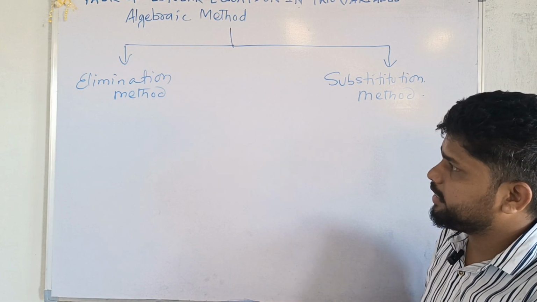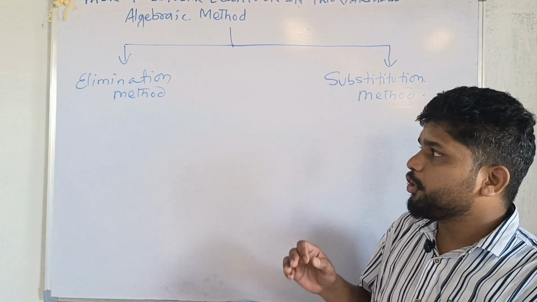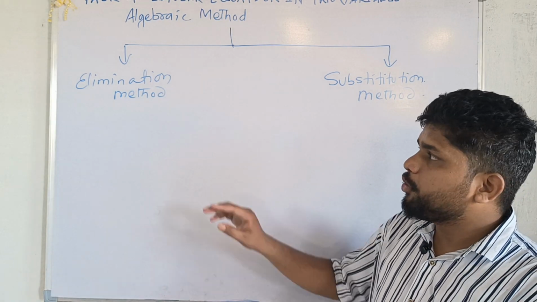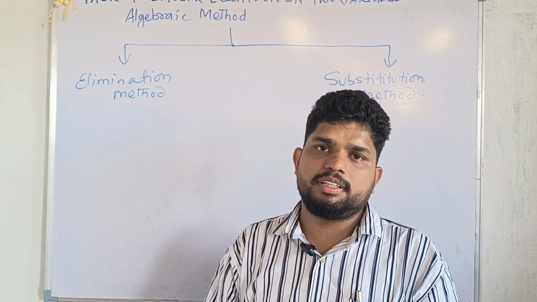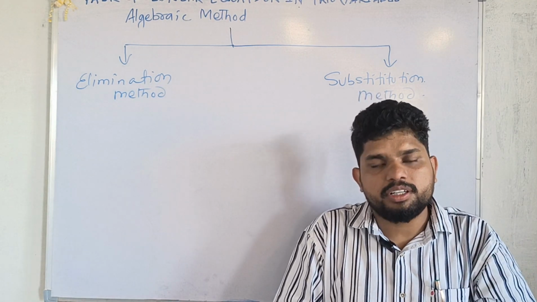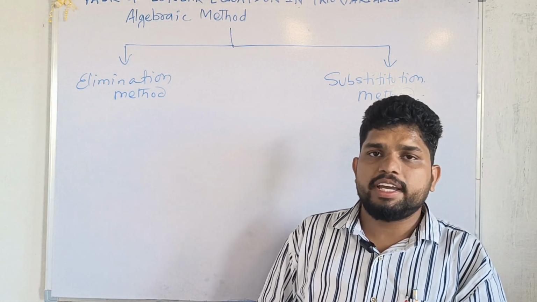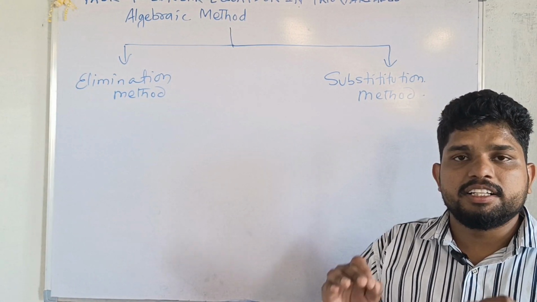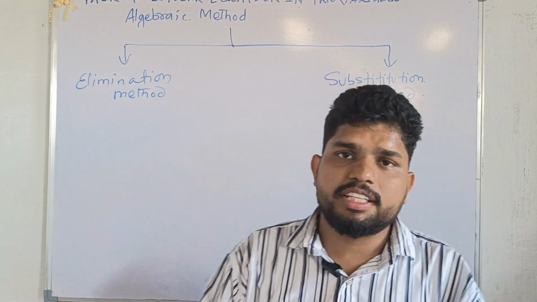Okay, let me tell you again that under the elimination method, out of the pair of linear equations, we eliminate any one variable, and the second variable whose value is known, we put that value in any one equation. Okay, I will solve one question under the elimination method and the same question under the substitution method in the next 2 or 3 minutes.